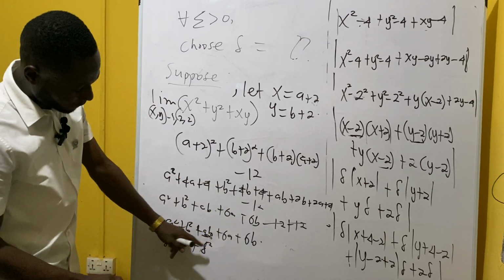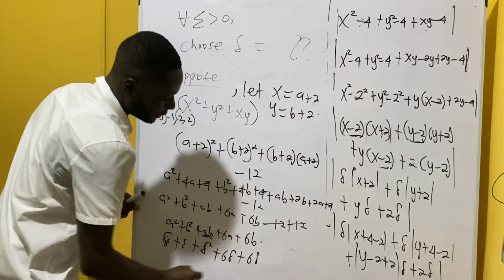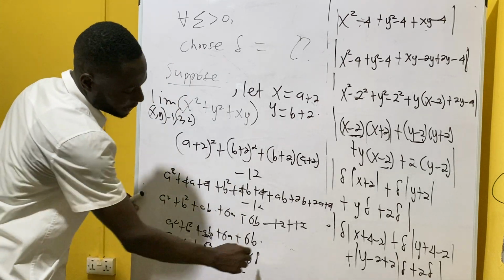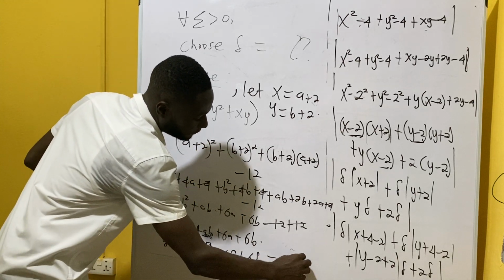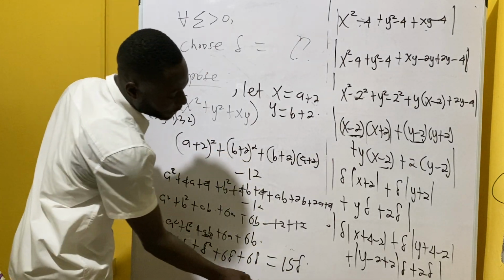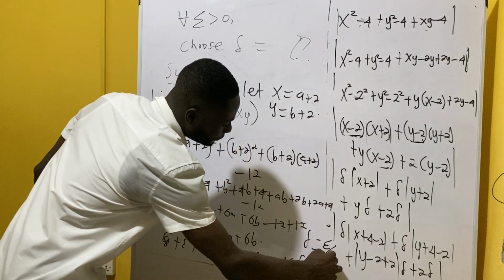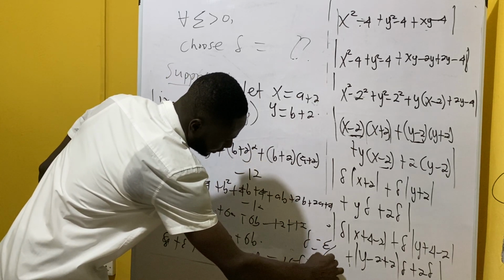Because it's ab, right? So we're going to have 6 delta plus 6 delta. And this right here also is 15 delta. So we can see that an alternative way of working this problem is that delta is equal to epsilon over what? 15.